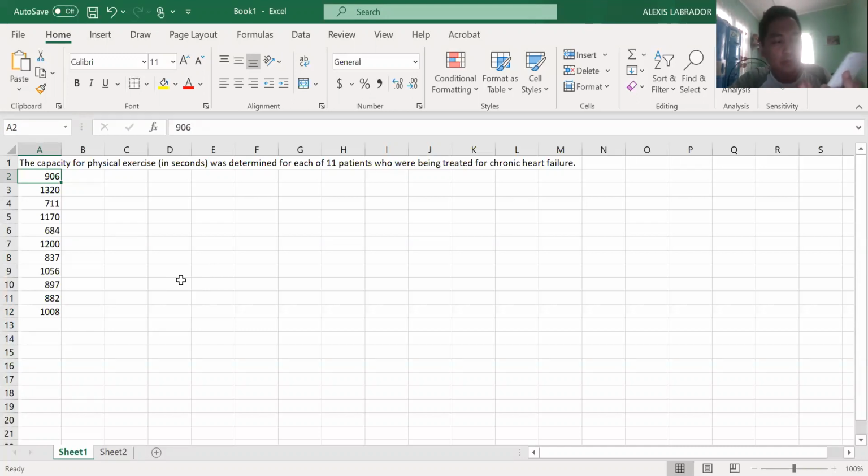As you enter all data, please make sure that you enter all data correctly until you reach the final. Sabi natin we have a total of 11 data, so dapat ang dulo natin na may value ay yung 11th row, which contains the final data.